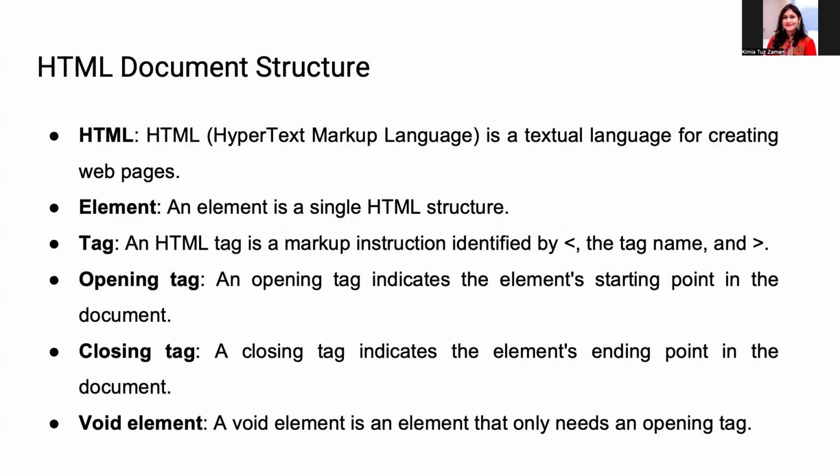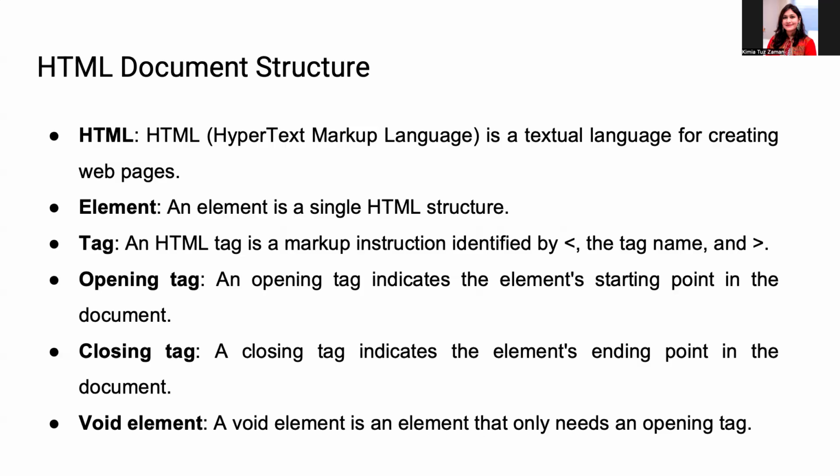So every element normally has an opening tag. This is where the element begins, and a closing tag. This indicates the end. For example, if you look at the paragraph tag, paragraph starts a paragraph, and the closing tag with the slash on it ends it. So notice the slash in the closing tag.